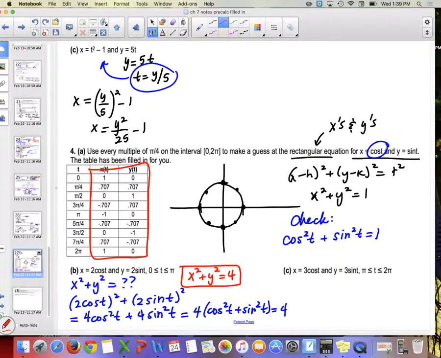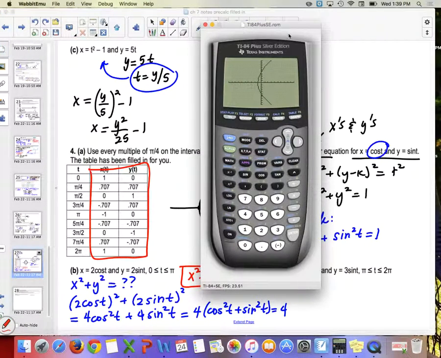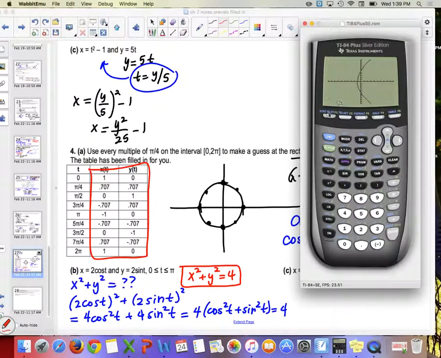Okay. Now, here's the weird thing. So let's graph it, because we have a domain thing too. And then tell me what you think is happening. All right, so when you graph it, we have 2 cosine of t, and we have 2 sine of t.